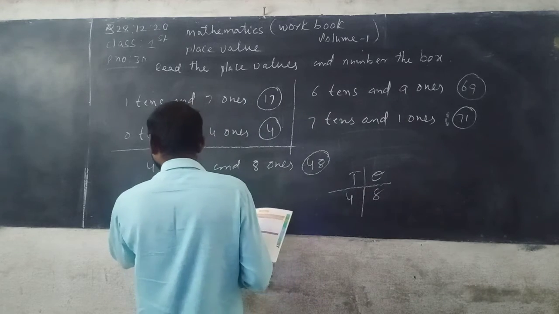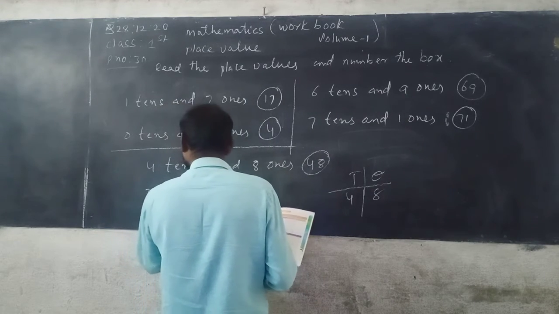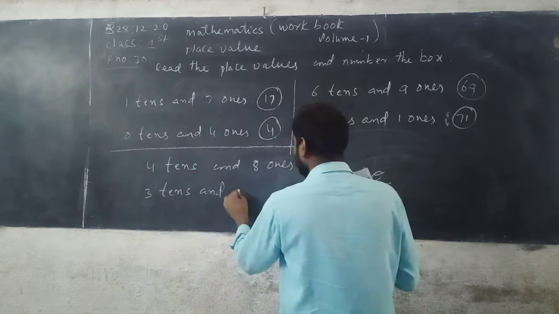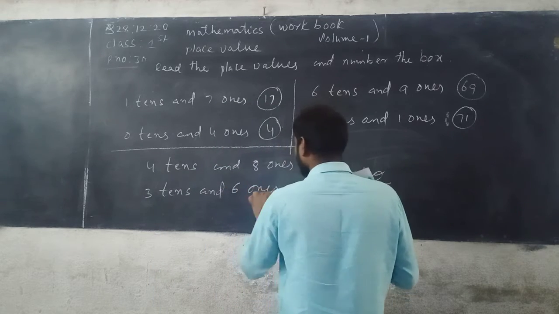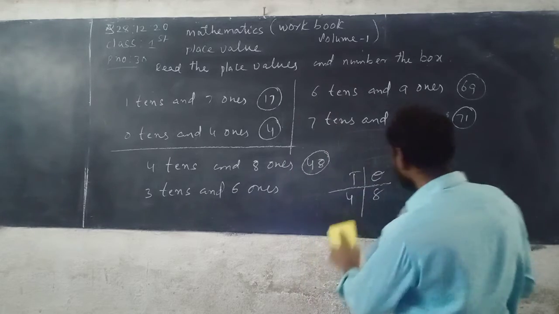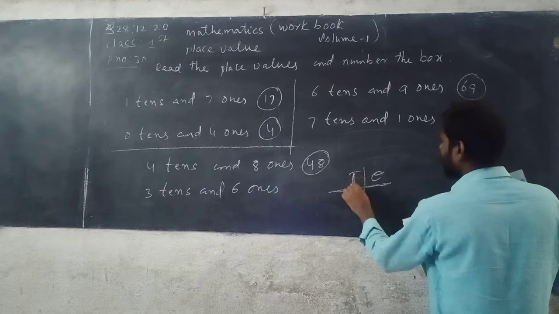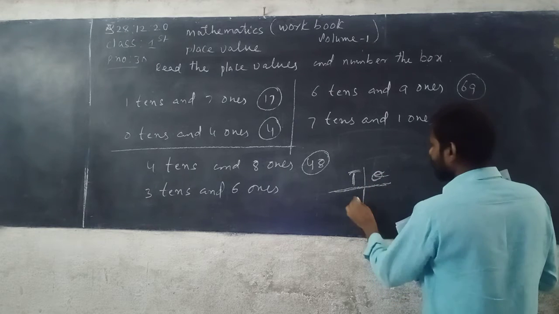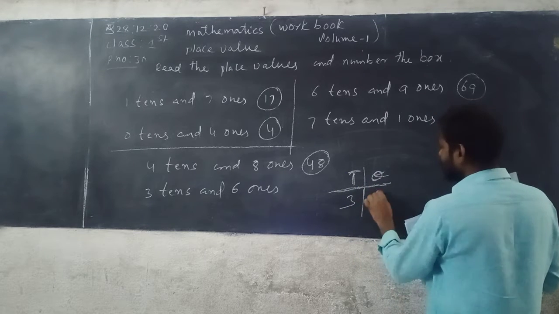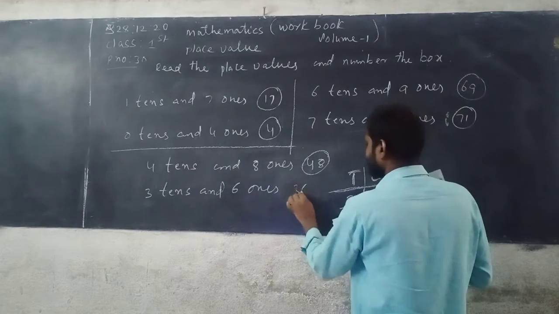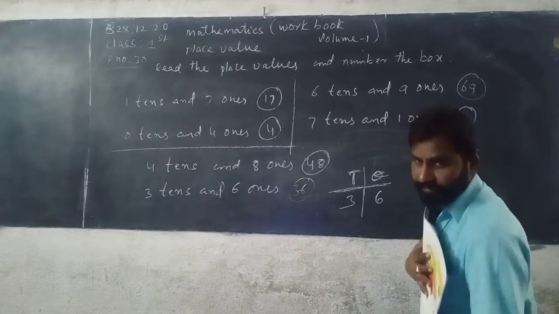Next, 3 tens and 6 ones. See here. So this is tens column, this is ones column. 3 is in tens place, 6 is in ones place. So the given number is 36. Write down everybody.